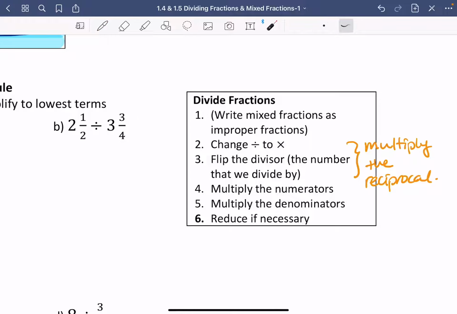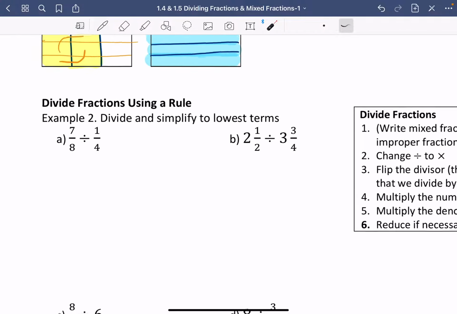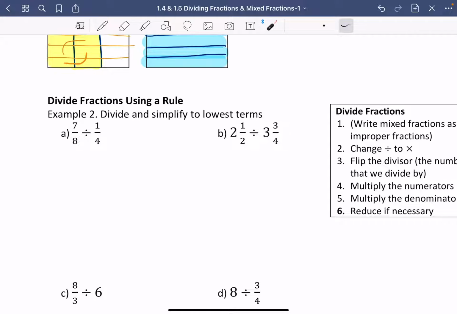Well, because when we change division to multiplication, it's multiplying, right? And then when we flip the divisor, we're actually looking for the reciprocal of the divisor. So let's try a few examples.